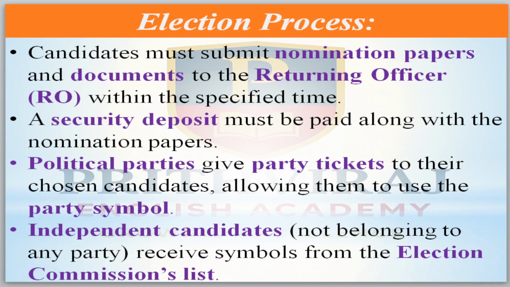Whoever gets the ticket from a political party gets that party's symbol for the election. Independent candidates do not belong to any political party, so they receive a symbol from the Election Commission only, from the Election Commission's list. If a candidate gets the election ticket from the BJP, he can use the BJP symbol.